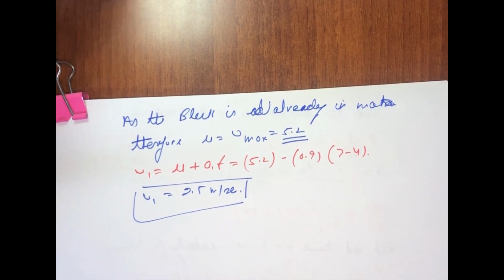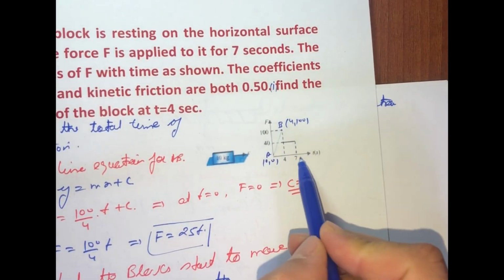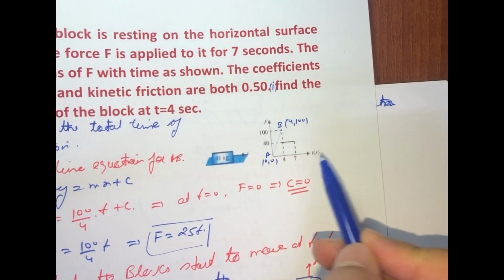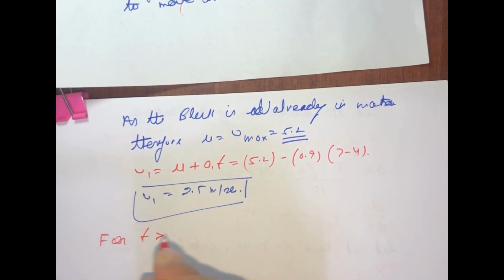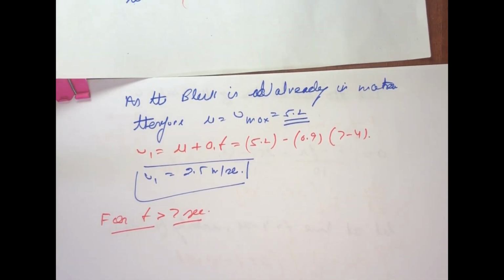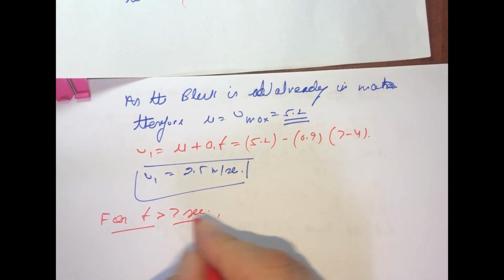Now we come to the next part, when time is greater than 7 seconds. You can say for t greater than 7 seconds, and once again it will be a retardation motion.